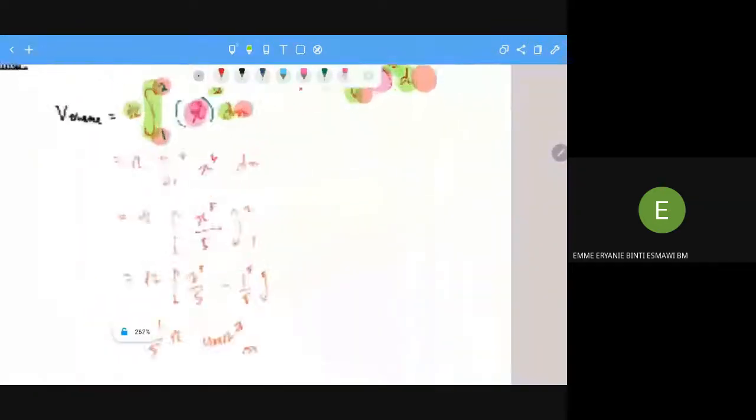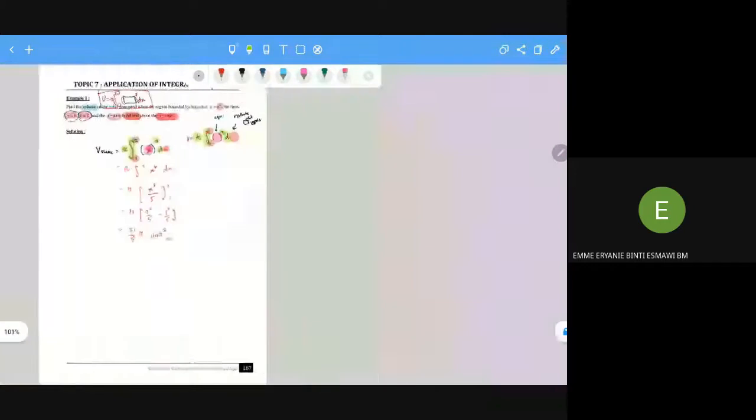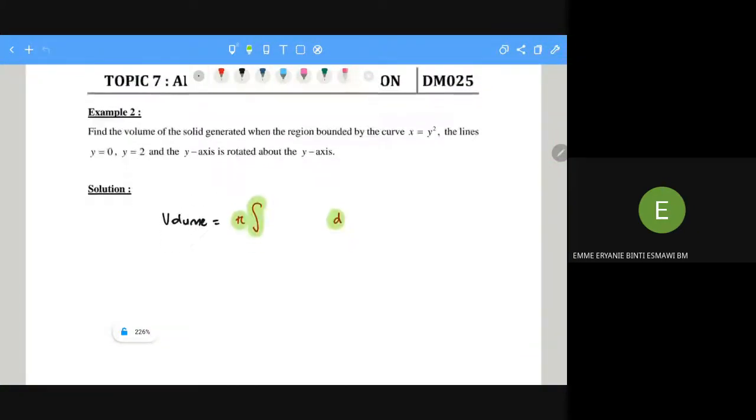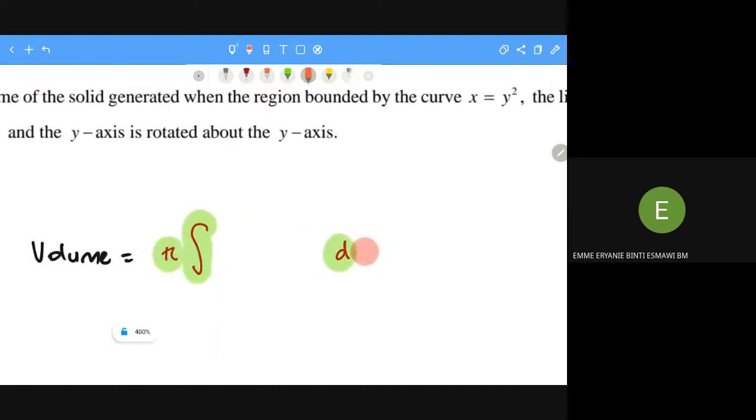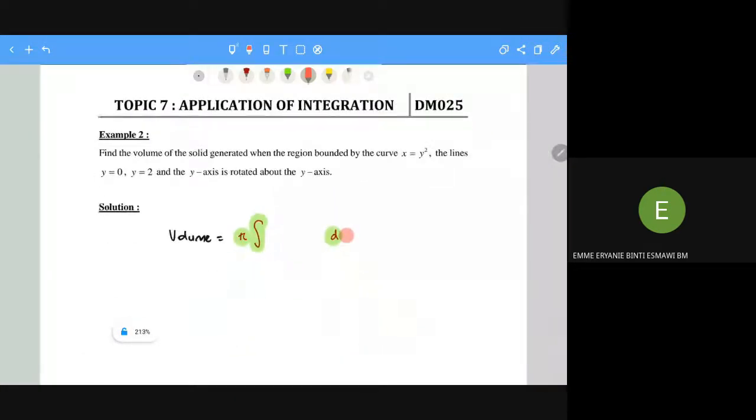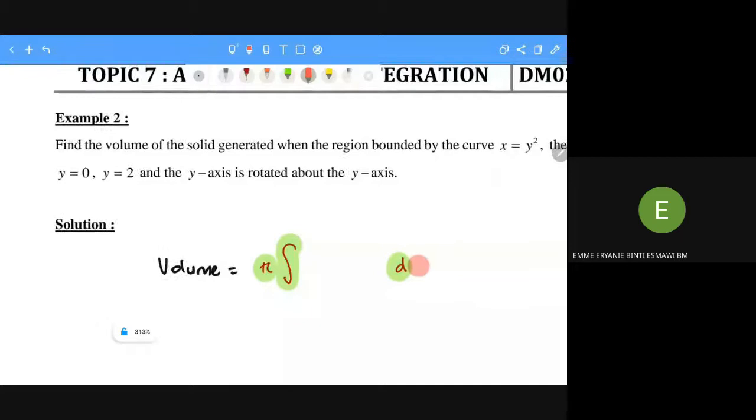Okay. Next belakang D tu nak determine whether it's dx or dy. Belakang ni, we have to determine from the question. Tengok ayat dekat soalan ni. Biasanya the word rotate ataupun revolve tu is situated di hujung sentence usually lah.